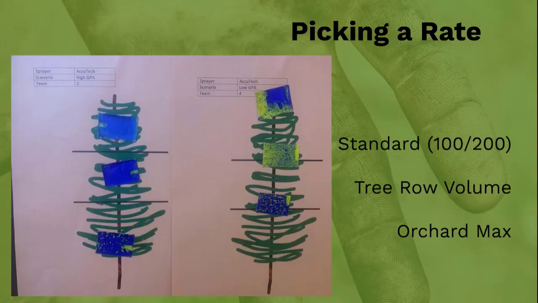Another way some people look at it is to use tree row volume, which is the concept that you apply a specific amount of spray per area of canopy. This makes sense intuitively when you think that in a low-density orchard, the label rate on U.S. labels is the same, for example, 4 quarts per acre, as it is for a high-density block with twice as many trees.